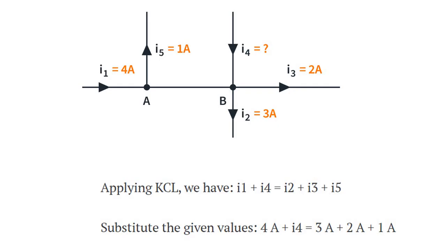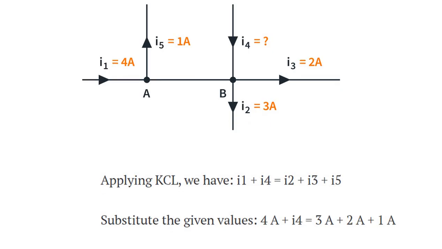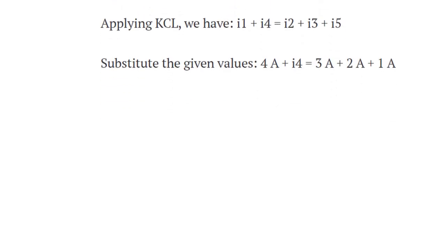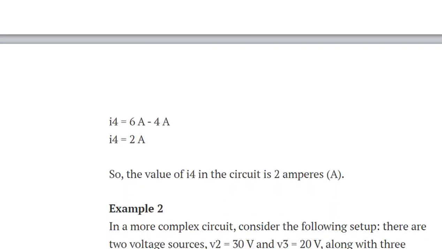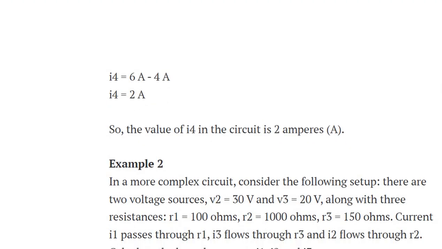So by substituting the values, I1 and I4, that is 4 ampere plus I4 is equal to 3 ampere plus 2 ampere plus 1 ampere. I4 is equal to 6 ampere minus 4 ampere. I4 is equal to 2 ampere. So the value of I4 in the circuit is 2 amperes.